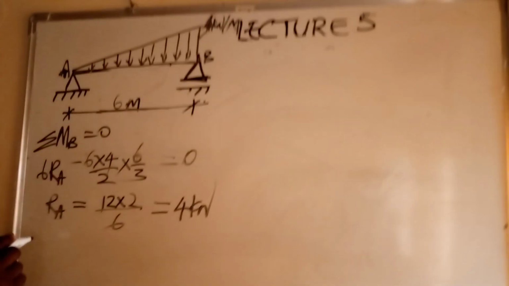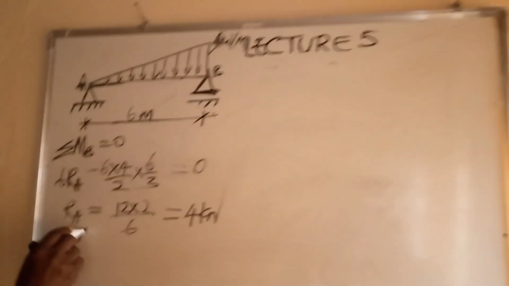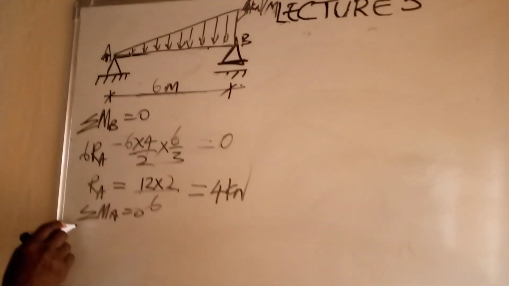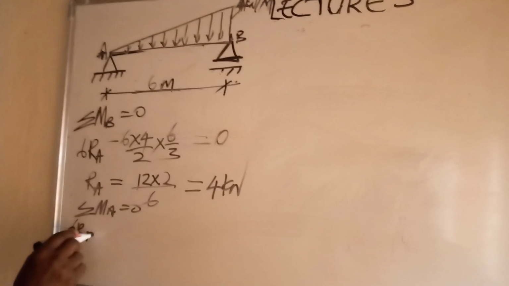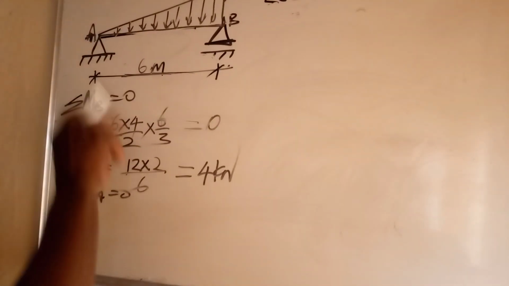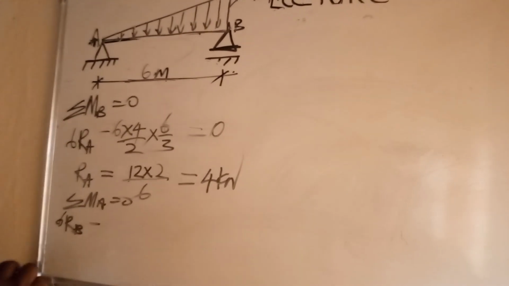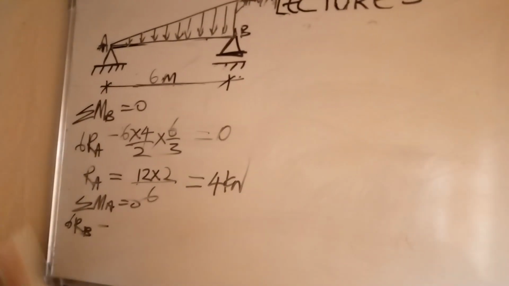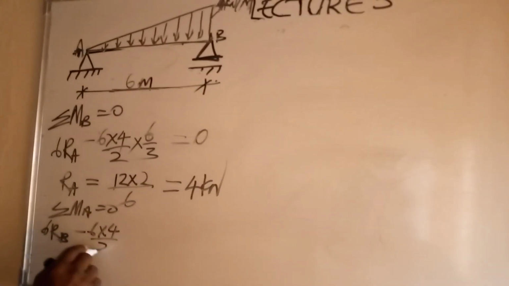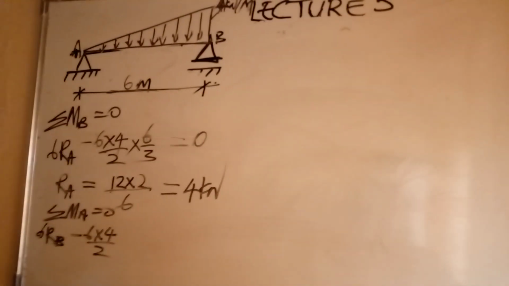So we need to get reaction B. I have total moment about support A equal to 0. I start. I have 6 RB this time around. The load is against it. So minus the load, which is the area of the load, 6 times 4 over 2, area of a triangle.